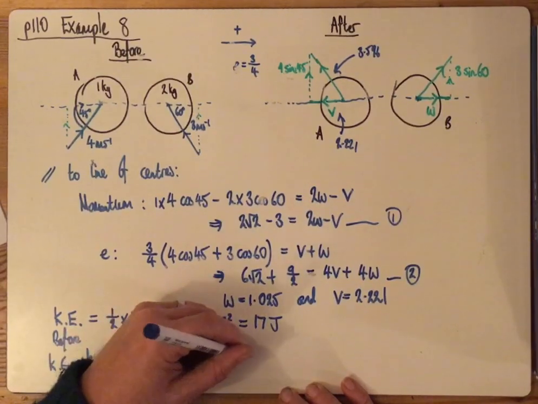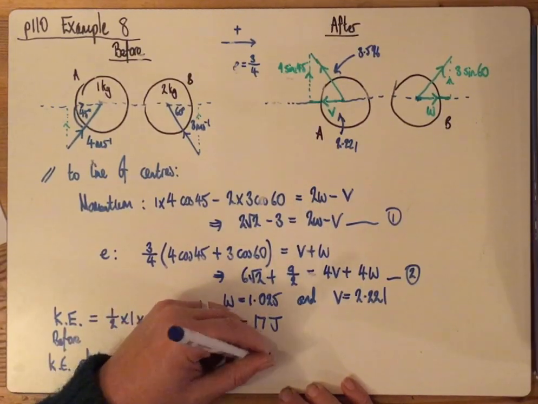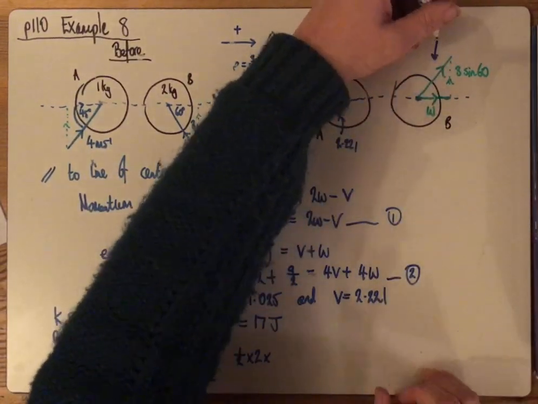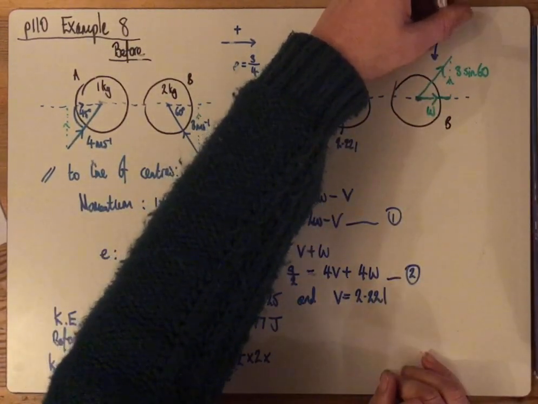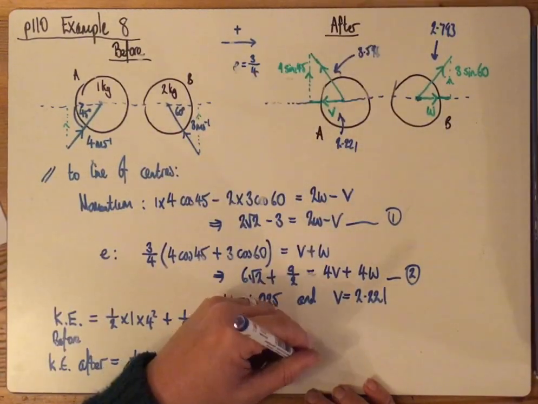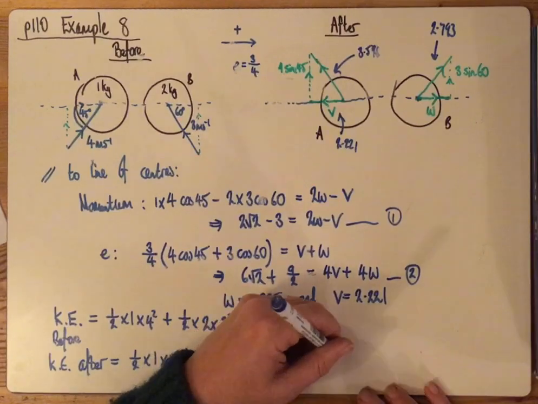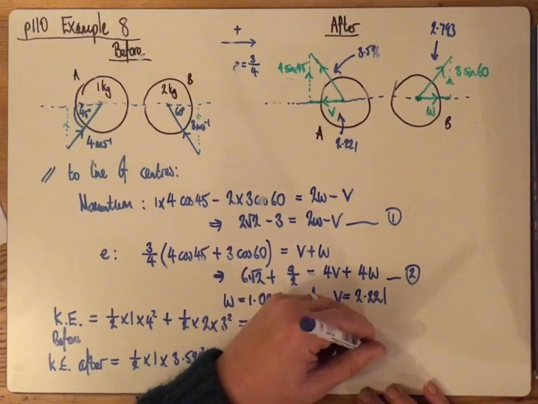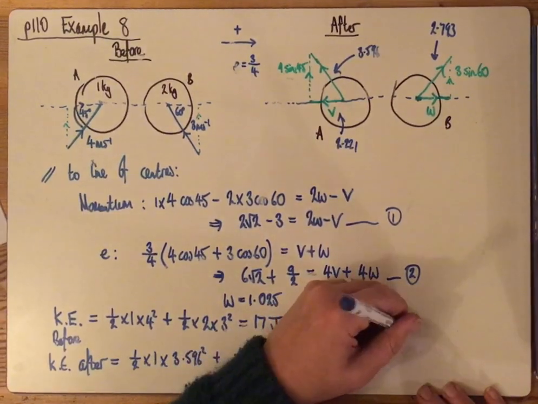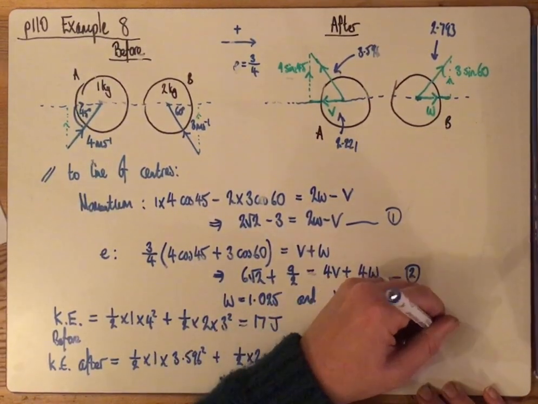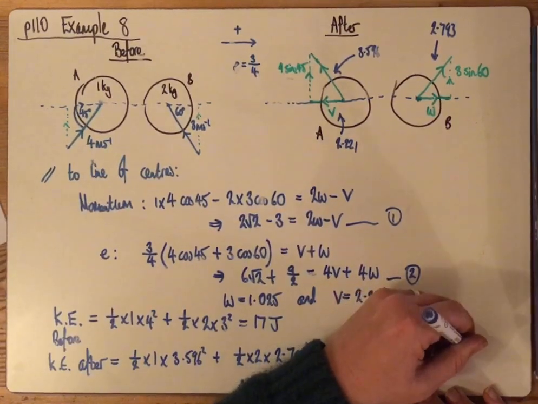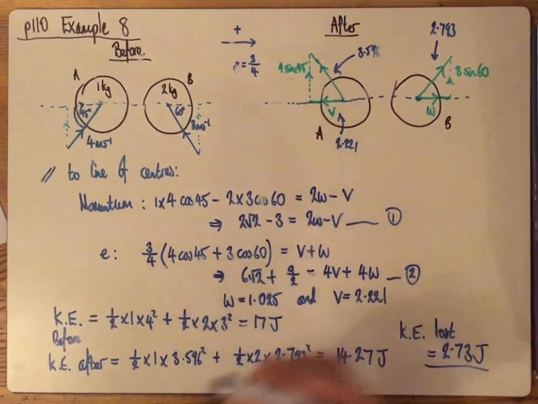And then a half times 2, same thing around there, gives you 2.793. And that gives you 14.27 joules. And so the kinetic energy lost is the difference between the two. Just make sure you don't get a rounding error. But that comes out as being 2.73 joules on that one.